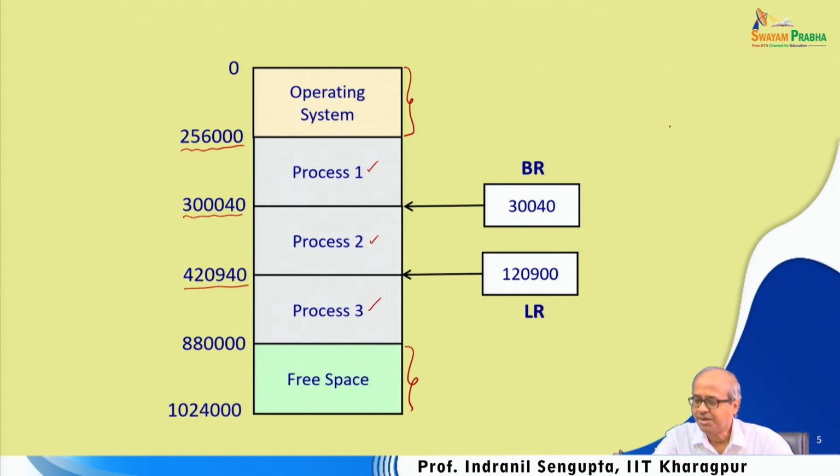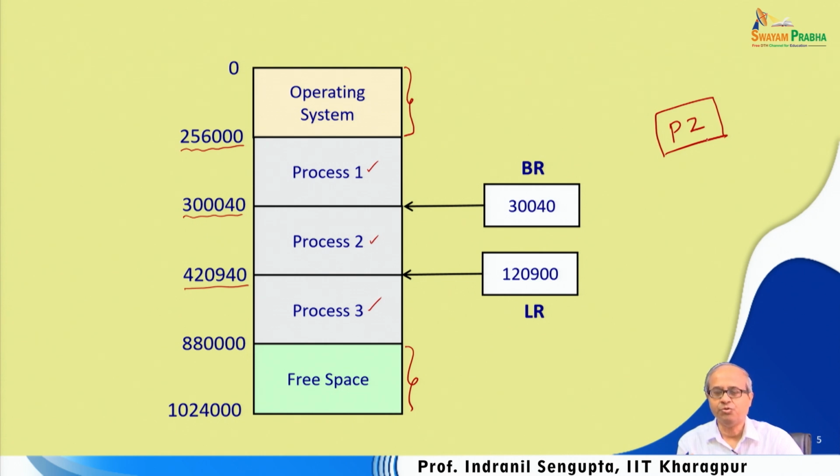Let us assume that process 2 is currently running. Before process 2 starts running, the operating system will load the base register BR with the starting address of process 2 in memory, which is 300040. This is the starting address of the process in memory, and the limit register LR will contain the size of that process.